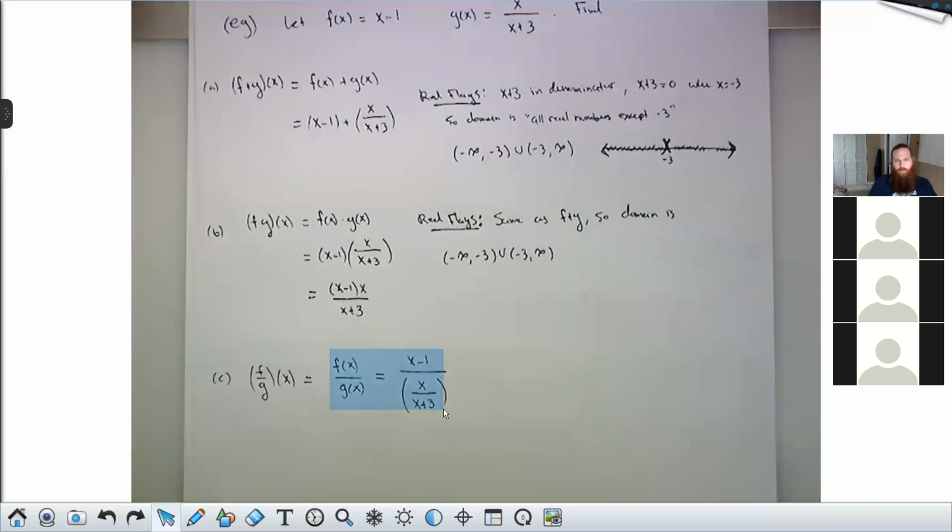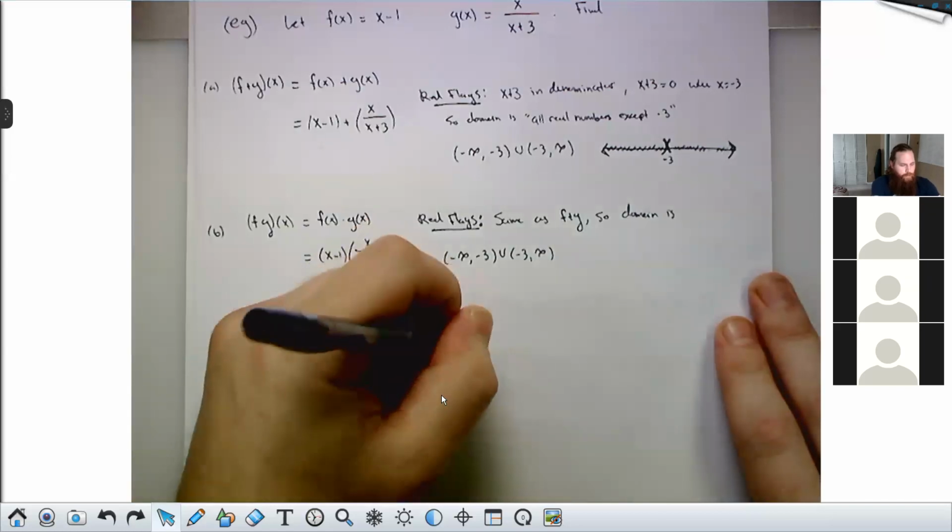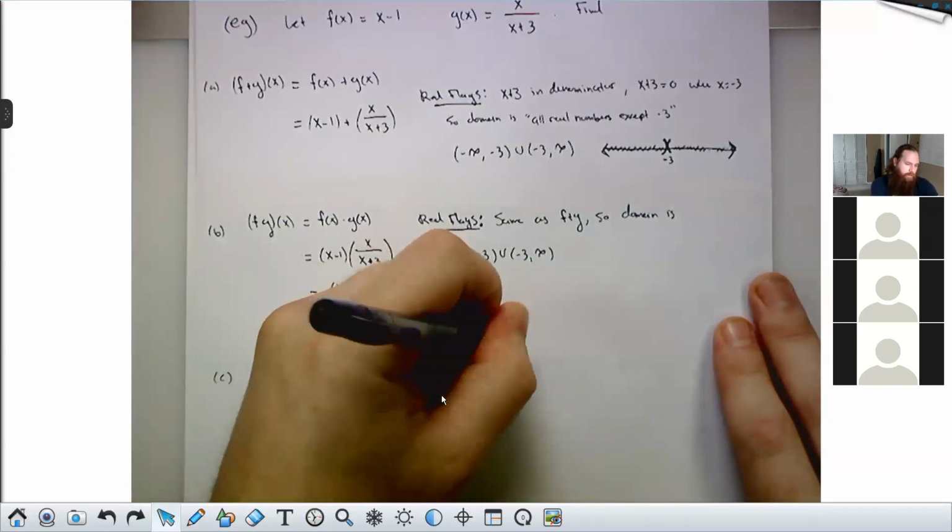Write down the formula, don't simplify, then look for your red flags. The reason I don't want to simplify is because right now I've got two red flags. I have the x plus 3 downstairs in the little fraction, and then I have x over x plus 3 downstairs in the big fraction. So here there's two red flags.